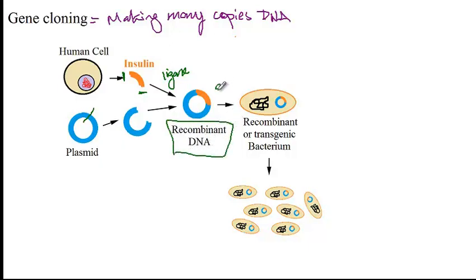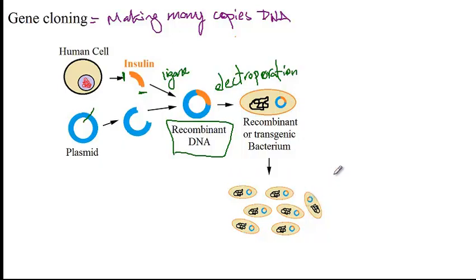Now via electroporation, we will create holes inside the bacterium so that the vector could be picked up. Now that the vector is picked up, we let the bacterium grow and produce many different colonies. These new colonies are now carrying the gene of interest. Now you can do it as you wish.